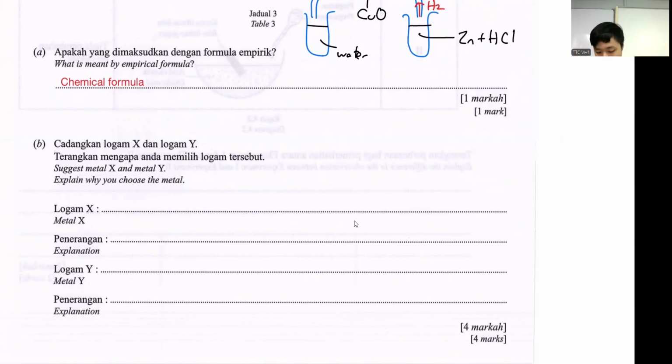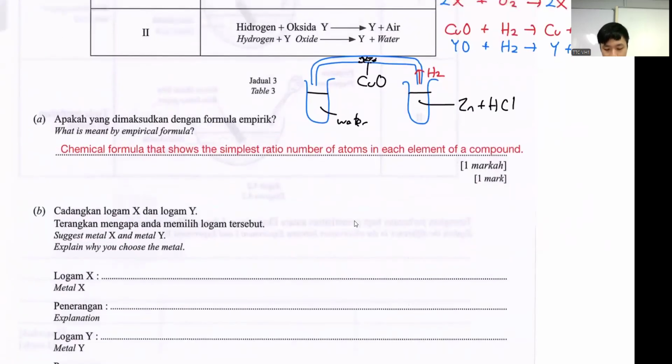So chemical formula that shows the simplest ratio number of atoms in each element of a compound. Yeah, the full one.